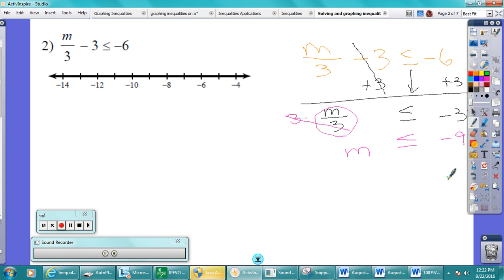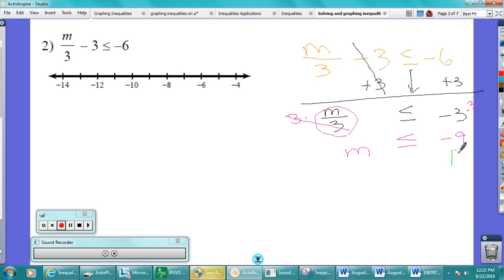Now, graph. Step 1. Locate negative 9 on the number line. Step 2. Solid or open circle. This is equal to, so I'm going to have a solid circle. Step 3, substitute numbers in. Start with 0.